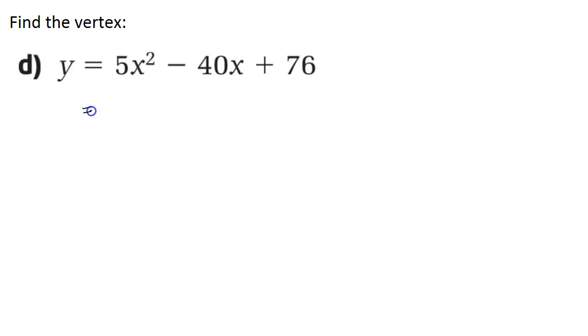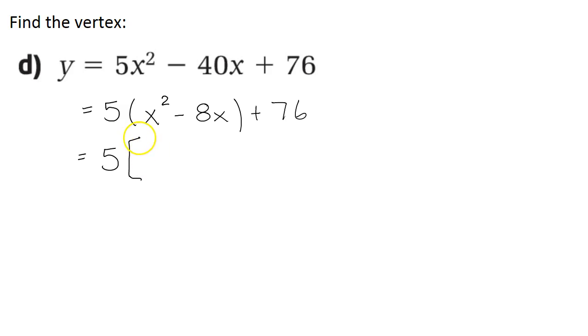So to change this to vertex form, the first step is we factor out the a term from the first two terms. So this is going to leave us with this. The next step is we introduce a number such that we have a perfect square.